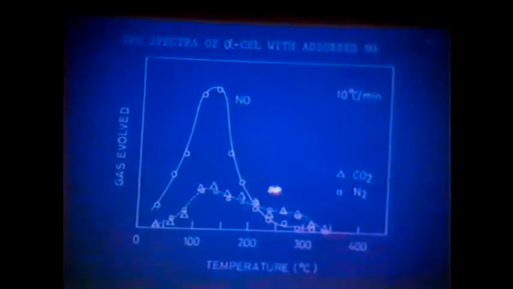We could not detect nitrogen dioxide, NO2, so we considered the adsorbed species is not NO2 but NO. As for carbon dioxide and nitrogen, they are produced due to the reaction of carbon with NO in the course of heating.